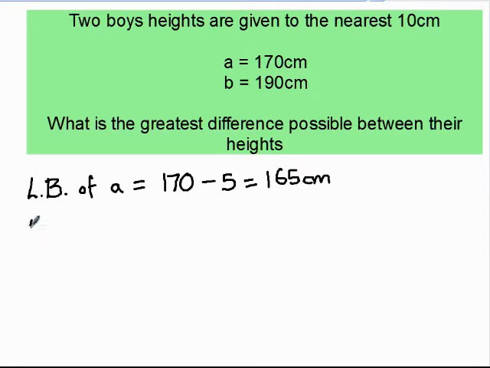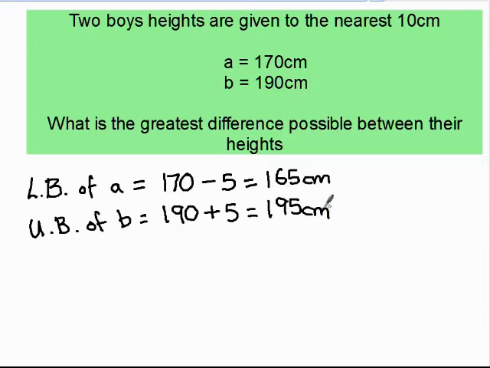So the maximum height, or the upper bound of boy B, would be 190 centimetres, which was what the measurement was given as, but it could have been up to 5 centimetres taller than that and still be given as 190 centimetres. So that gives 195 centimetres height.